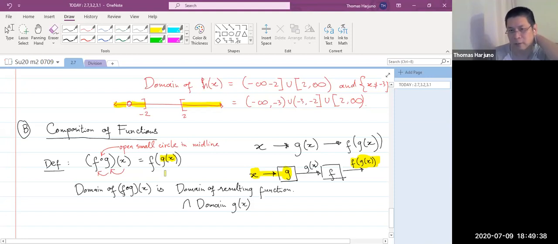If x is not even in the domain of the first machine, there's no output to be the input for the next machine, so there's no output in the second machine either. That's the idea.